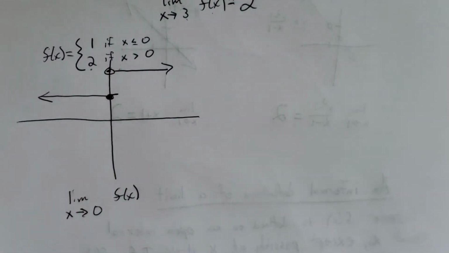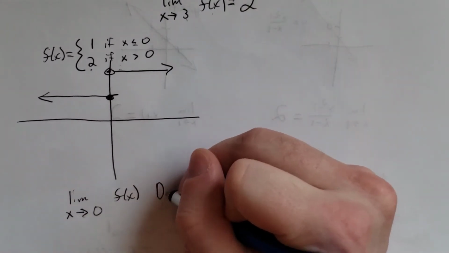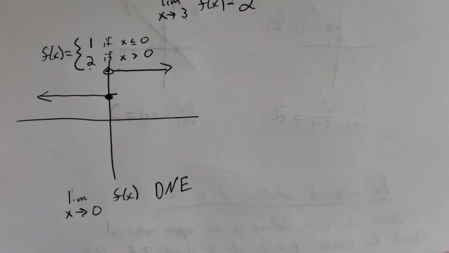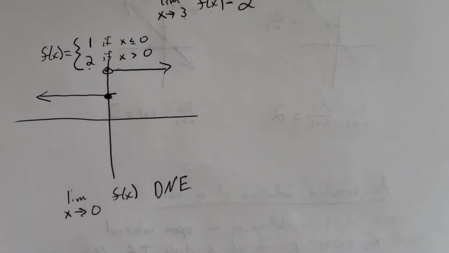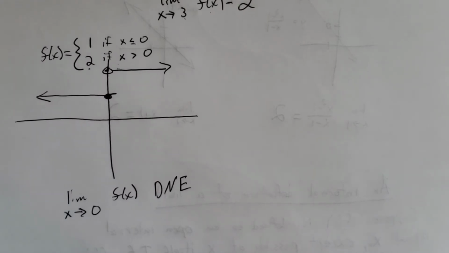Those don't match. So what we say is that the limit does not exist, or we write DNE for that, for does not exist. Because again, what do we want? We want the y value to be close to 2 for all x near 0.